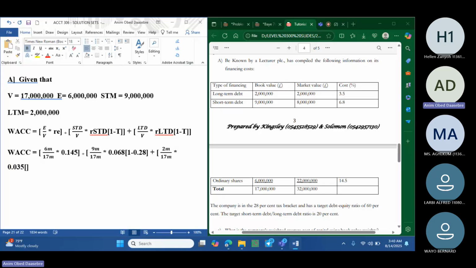We factor in tax, 1 minus 0.28. So that's how we are going to find it.